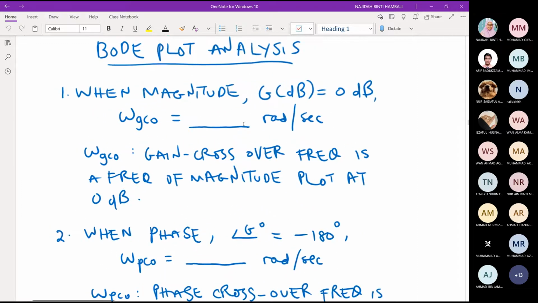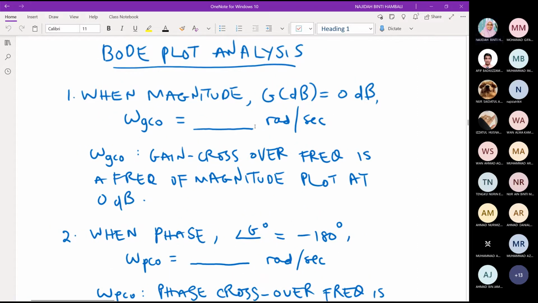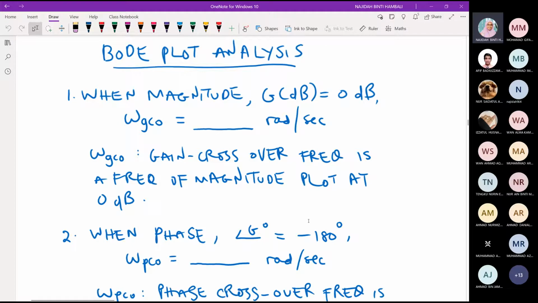So first, your Bode plot. You need to refer to your magnitude plot at 0 dB. Later we'll analyze our plotting together that we have sketched just now.